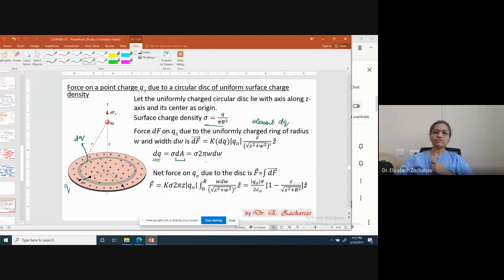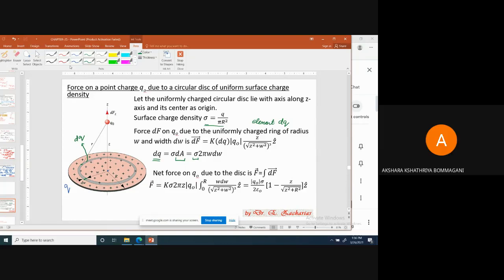Let us write what dA is. What will be the area of the ring? The circumference of the ring is 2 pi w and the width is dw. Therefore, if I take this circle and cut it and make it into a rectangle, the area will be 2 pi w into dw. Are you following this step, girls? Yes, ma'am.